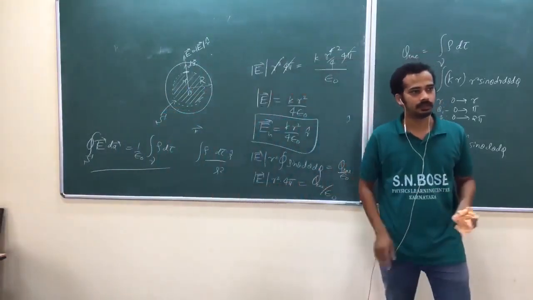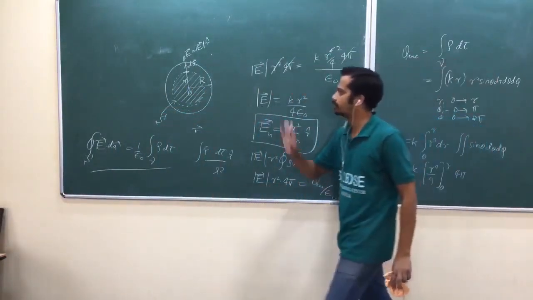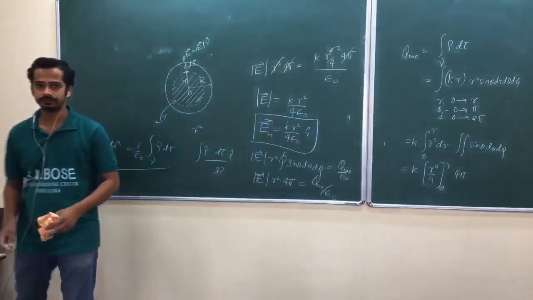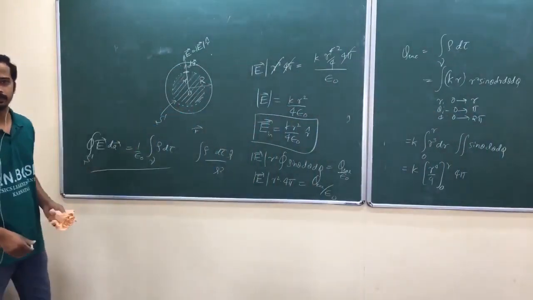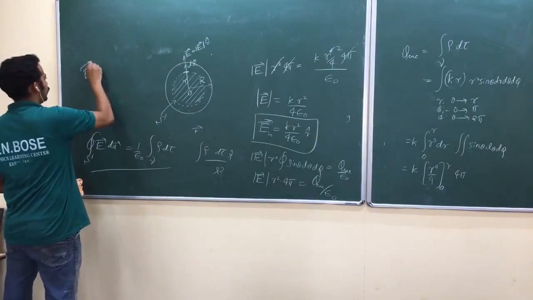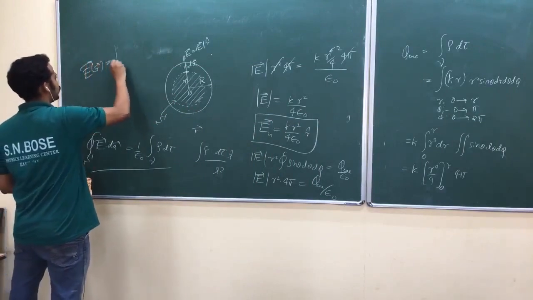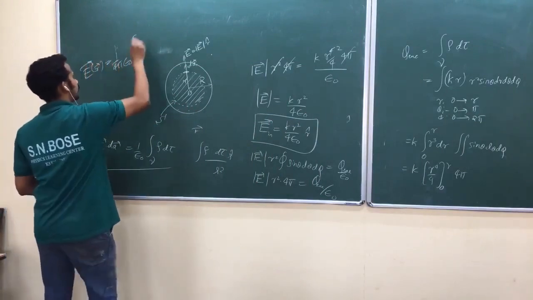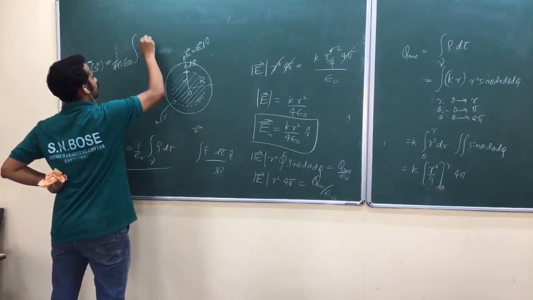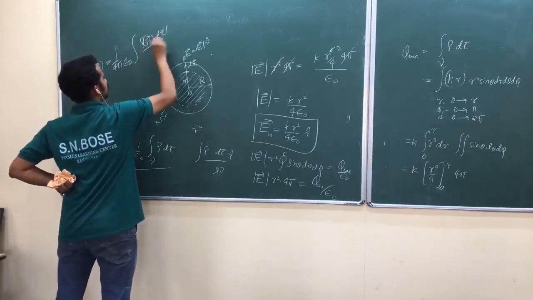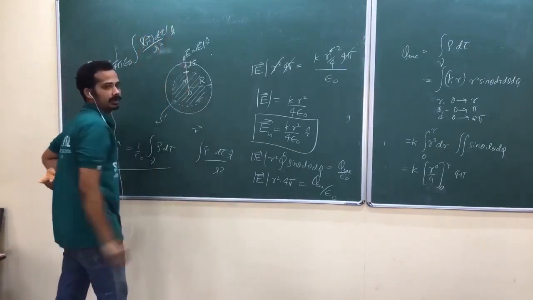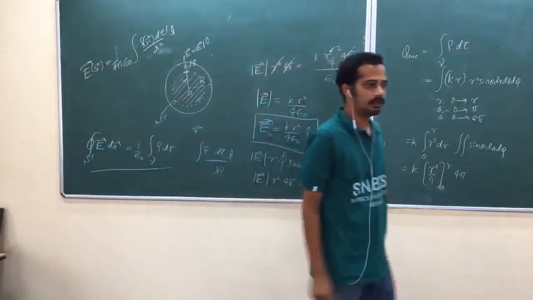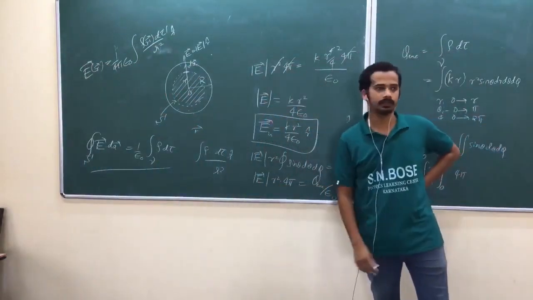If you are talking about Coulomb's law, definitely you have to take each and every charge and vectorially add them. So that's how we get the electric field at r, equal to 1 by 4 pi epsilon naught integral of rho of r prime d tau prime by r square r cap. Am I right? That's a kind of vector integration, isn't it?